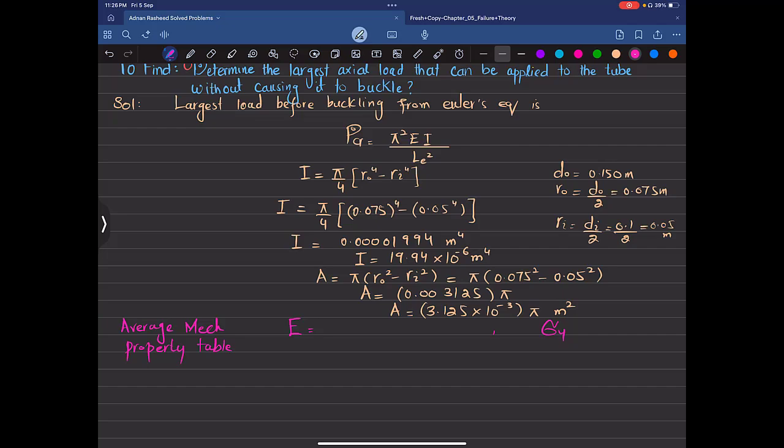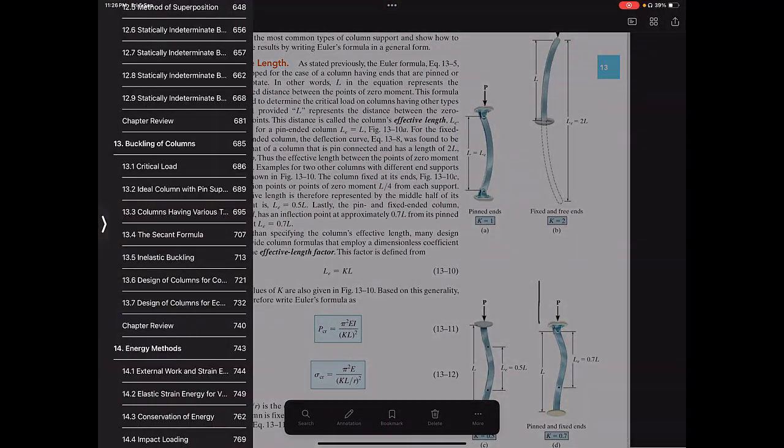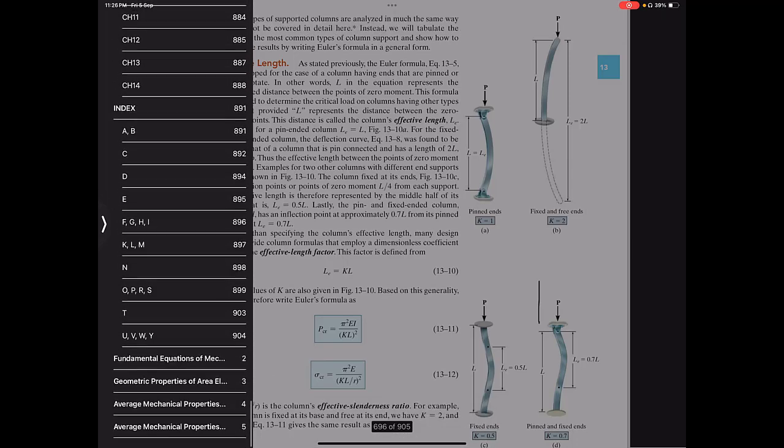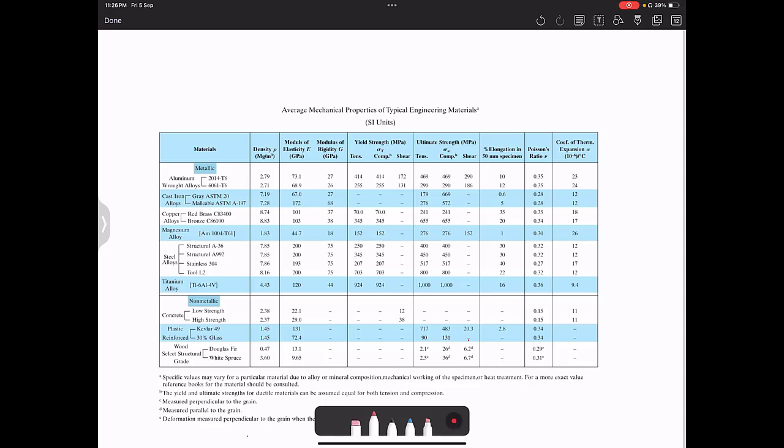So we will move and we will get both the values. Let me show you here at the end of the book. You have to go to the average mechanical properties, and locate the material, just like this, 2014-T6 aluminum. So the modulus of elasticity is 73.1 gigapascal, and yield stress is 414 megapascal.